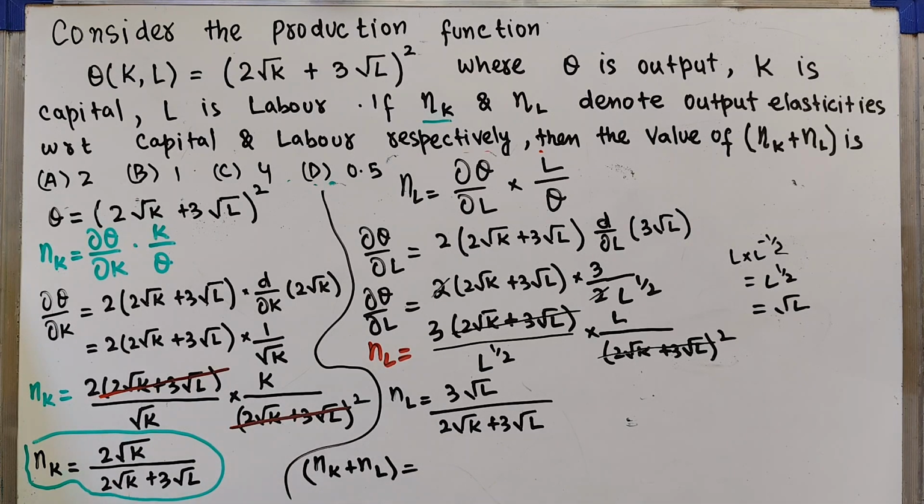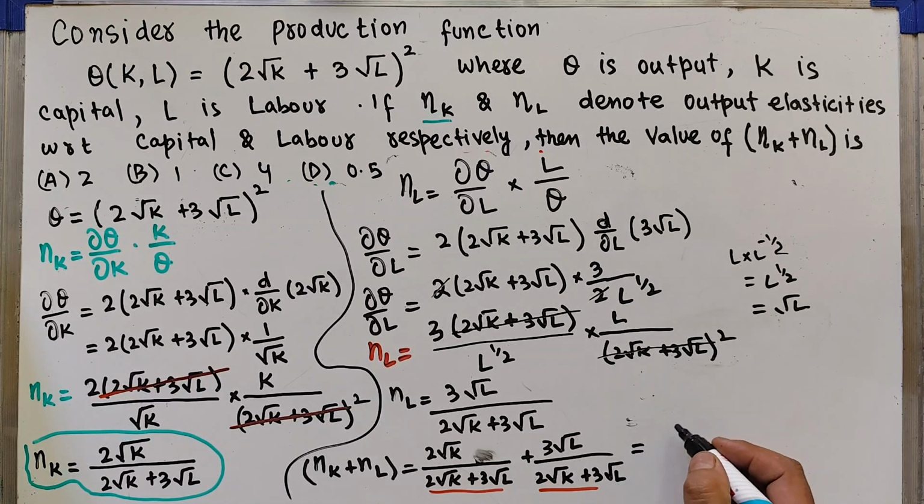So here we have 2 under root K upon 2 under root K plus 3 under root L, plus here we got this 3 under root L upon 2 under root K plus 3 under root L. Okay, here you can see we have the same denominator, we can add up the numerator.